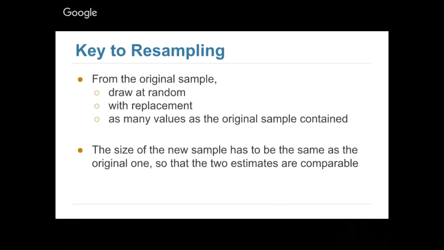Yeah, Alex? If you're taking samples from a sample and doing it with replacement, is the reason you do it with replacement so you don't get the exact same sample? That's right. If I have my original sample of 200 and I take a resample of size 200 without replacement, all I'm going to end up doing is taking my original sample and moving the rows around.